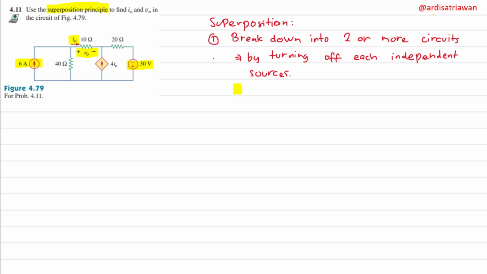And how to turn off a current source? A current source becomes an open circuit, and a voltage source becomes a short circuit.